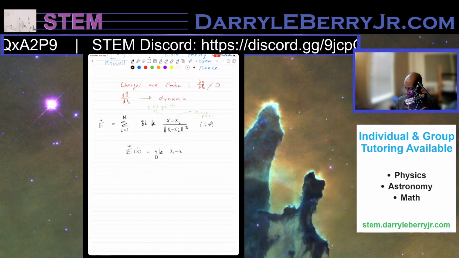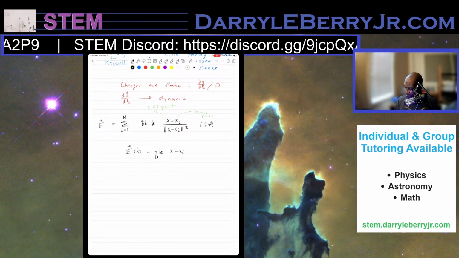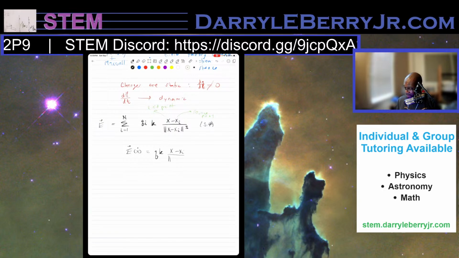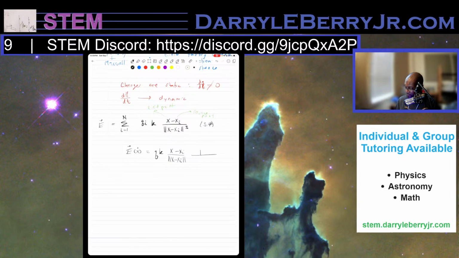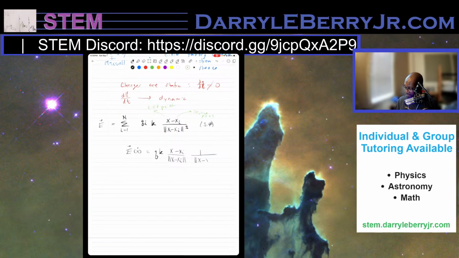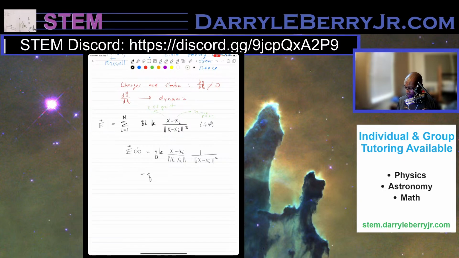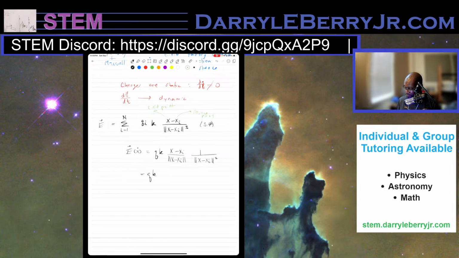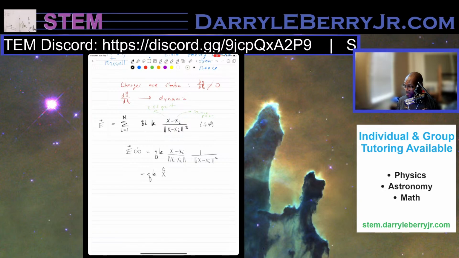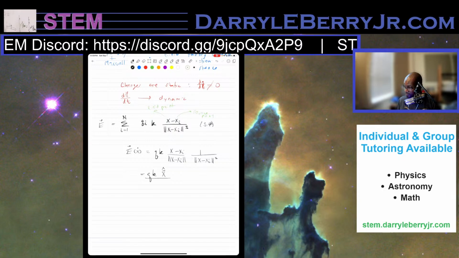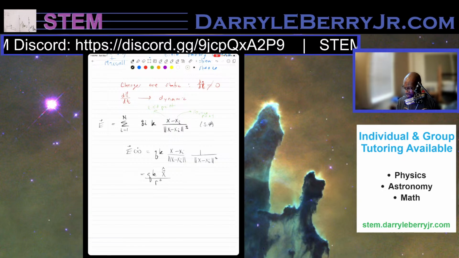Then breaking this apart, X minus XI over the magnitude of X minus XI, and then 1 over the magnitude of X minus XI squared, is going to equal QK x hat all over r squared, which is the magnitude of x minus xi squared.